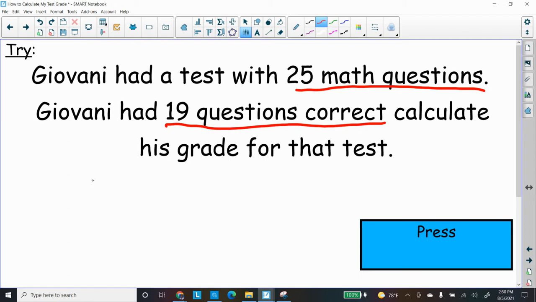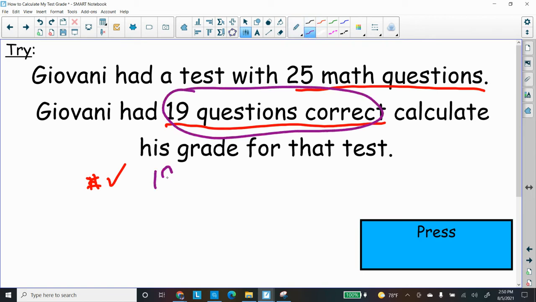All right, so I need to know the number correct. So I'll put a little check mark for correct. And Giovanni had a total of 19 questions correct. That'll be my numerator. Now I got to get my denominator of the fraction. So the denominator is the total amount of questions, the total questions that were on the test.